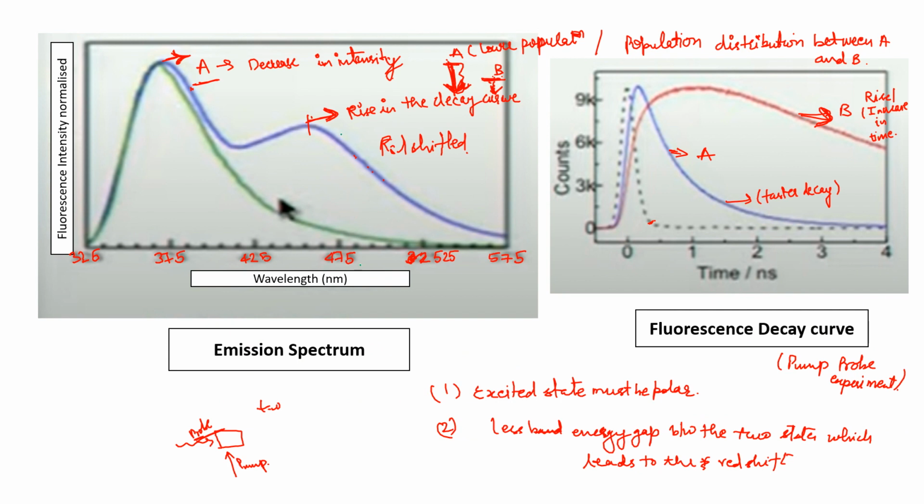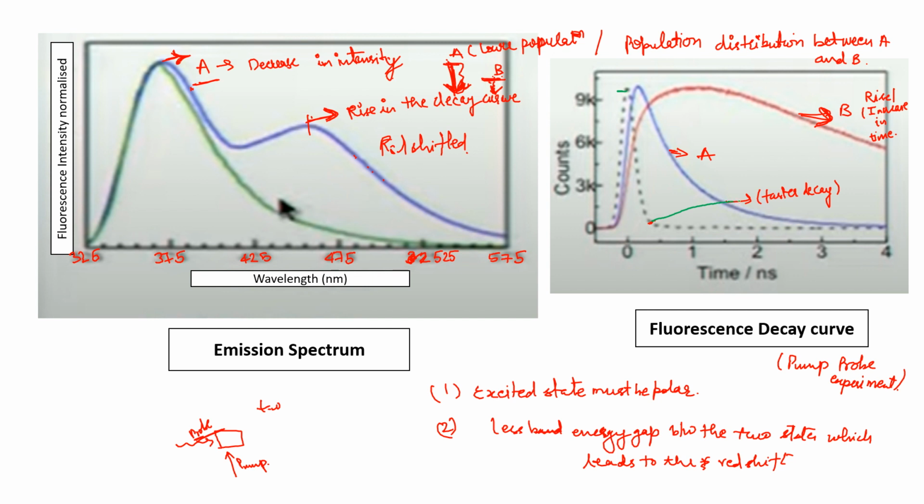In the emission spectrum, you will see a new peak arising that is quite redshifted, while in the fluorescence decay, compared to the original, or say the black line, which is the ideal case, in the case of excited state processes occurring, the decay will be faster.